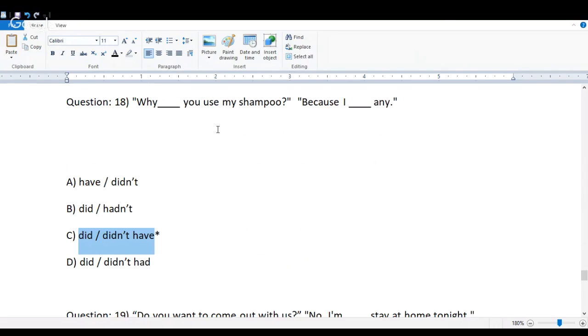Then because I didn't have any, we need the auxiliary verb did or didn't in this case, and the base verb here, and we have the past tense here. We can't do that because I hadn't any. That is not correct, and I didn't any is also not correct. We need a verb after these two.